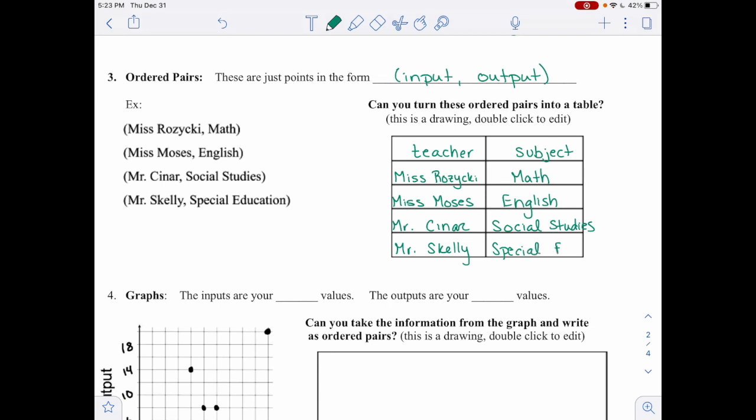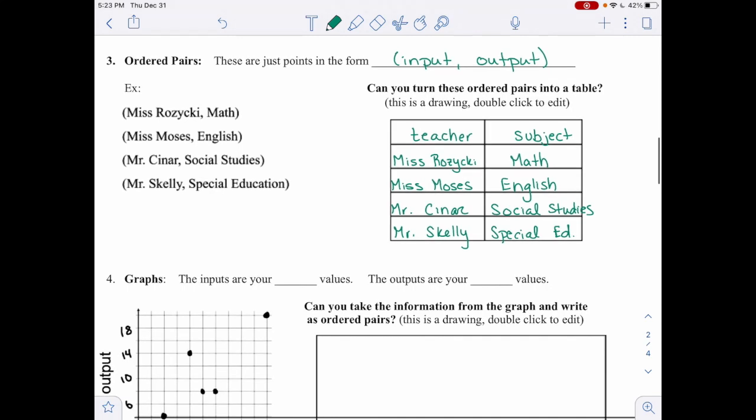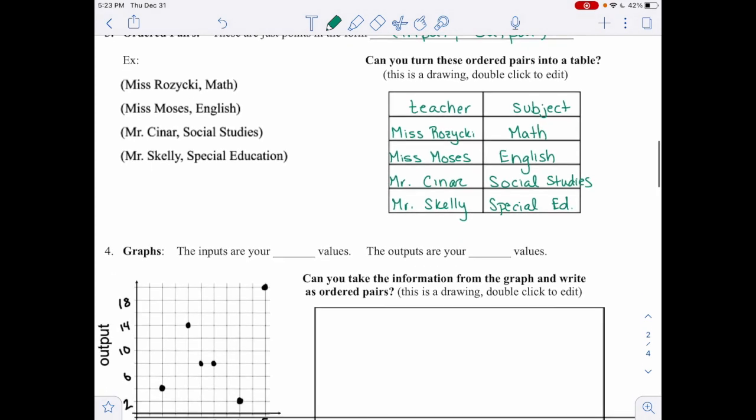And I'm going to abbreviate because I'm not going to fit special education on that box. So I can go also from tables to ordered pairs, right? The whole point here is to understand that you can go from any form of representation to another.